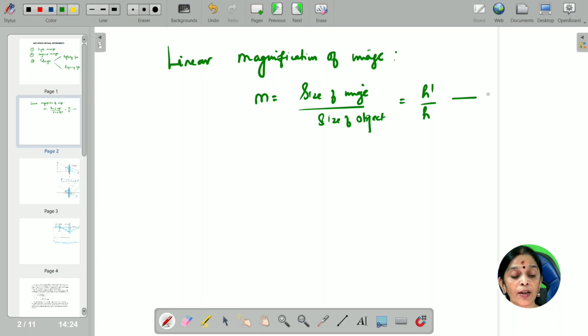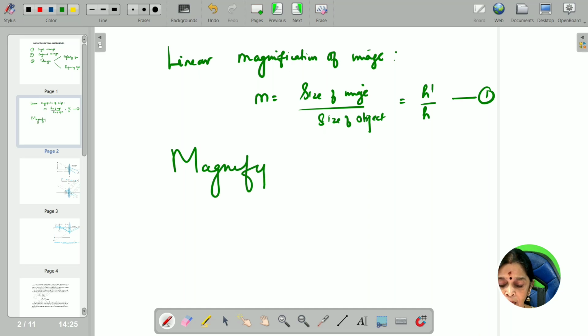That is linear magnification. But now what we are going to see is angular magnification, that is otherwise called magnifying power, which is denoted by MP.